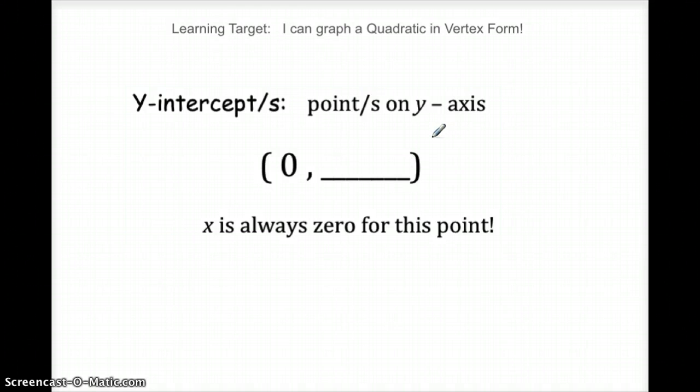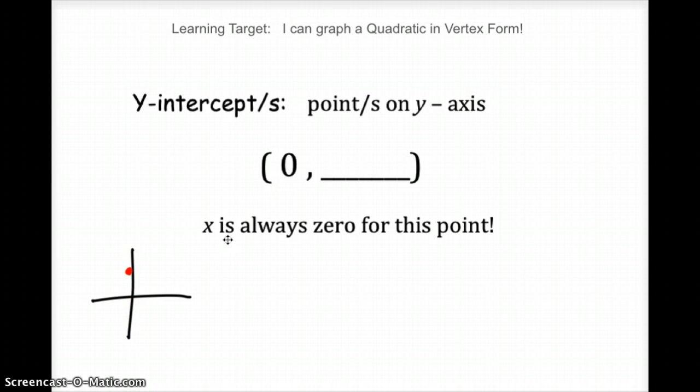Cool beans. All right, so other points that we need, like before, y-intercepts. We know that y-intercepts are points on the y-axis. So for example, a point like that. Anytime we move that point, the y value changes, but x does not.